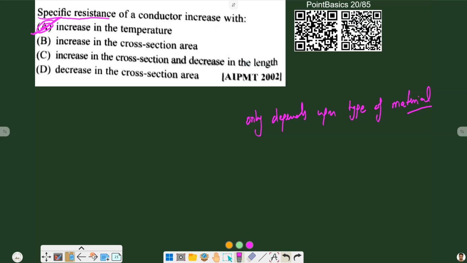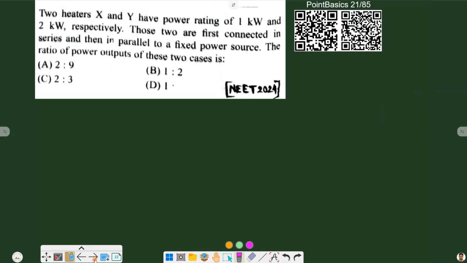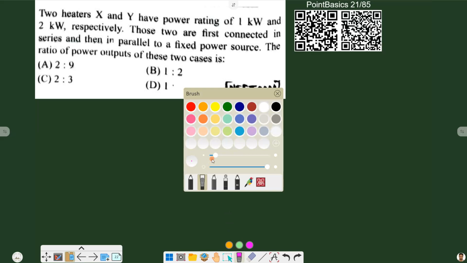Moving to the next one. Two heaters X and Y have power ratings of 1 kilowatt and 2 kilowatt respectively. They are first connected in series and then connected in parallel to a fixed power source. The ratio of power output in these two cases. So in two cases we have to find out the ratio of power.